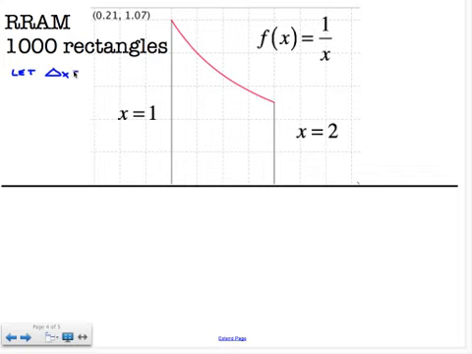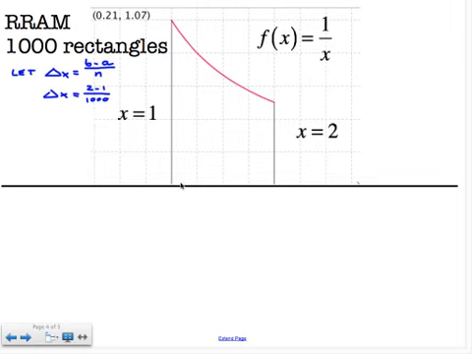And the way in general that this is calculated is by taking your right endpoint, subtracting your left endpoint, and dividing by the number of rectangles. So in our case, delta x is going to be 2 minus 1 divided by 1,000. And we did this last class, so we know it's 1 over 1,000. But if the numbers were uglier, this is how you would calculate your delta x.